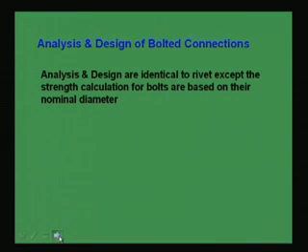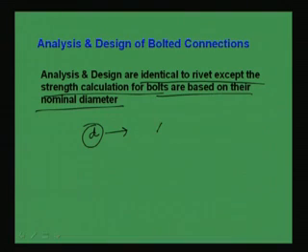As we told, analysis and design are identical to rivet except the strength calculation for bolts, which is based on the nominal diameter. In case of bolt, we know the nominal diameter. From that we can find out the strength, because the permissible stress in a particular bolt with a particular type of material, we know.